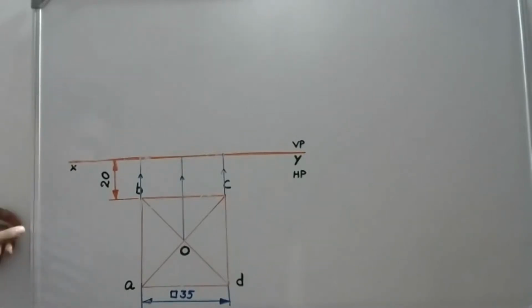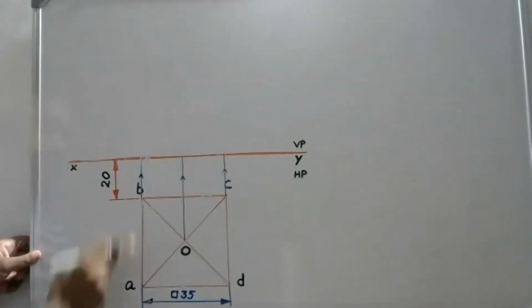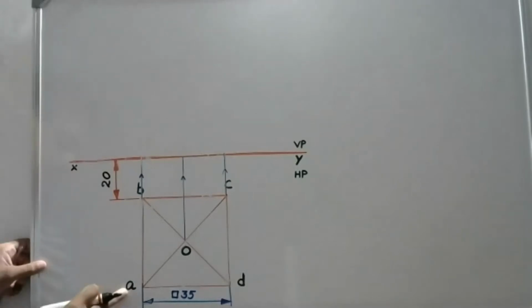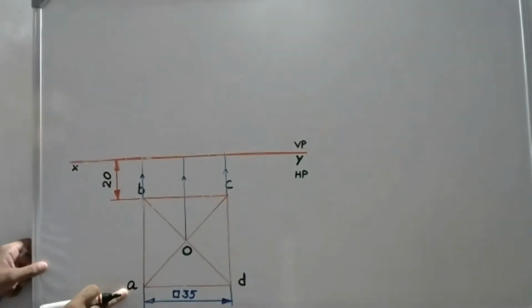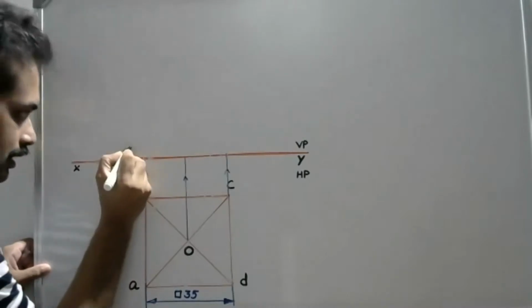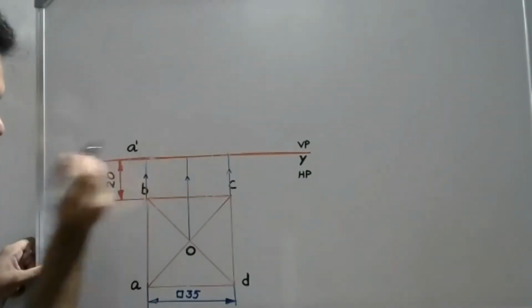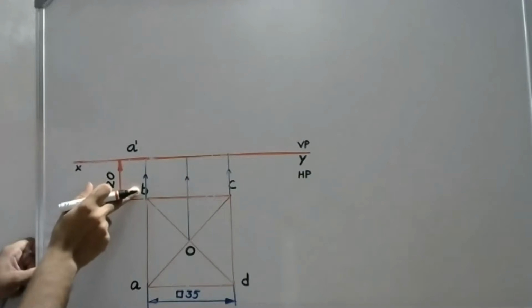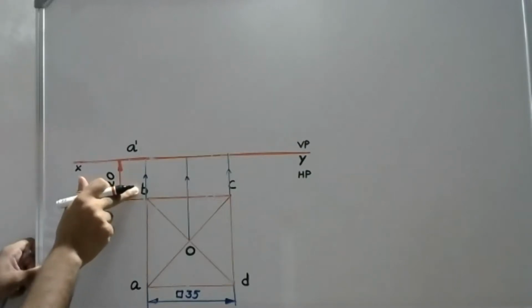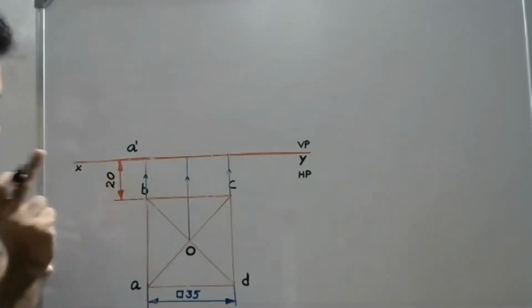Then how can we name this in the front view? What is the front view of A? A dash. So we mark A dash. Then what is the front view of B? B dash. But there is a difference.